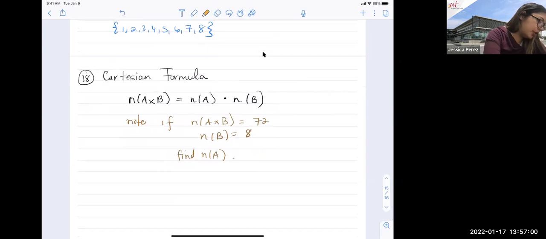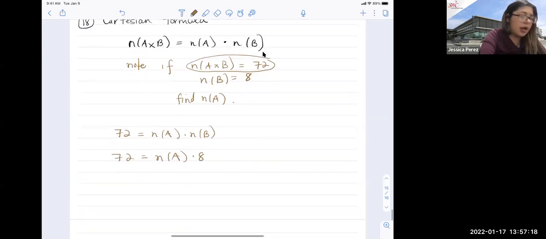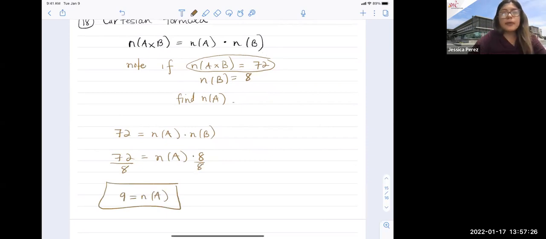We'll apply the formula of the Cartesian. So n of A cross B is 72, which is equal to n of A times n of B, but you know that n of B is 8. So you're solving an equation again, times 8. So how do I solve for n of A? Well, you divide both sides by 8, and you get 9 is equal to n of A. So all you're doing is solving, you're isolating an equation.